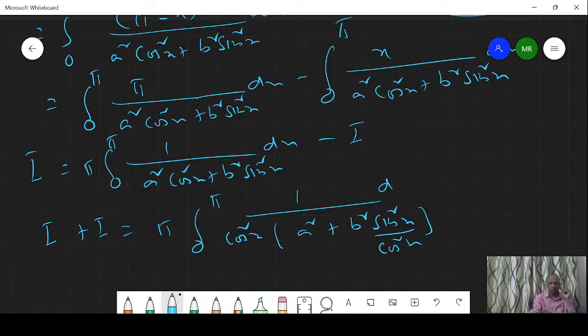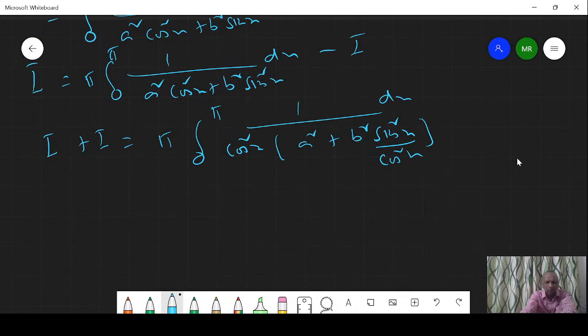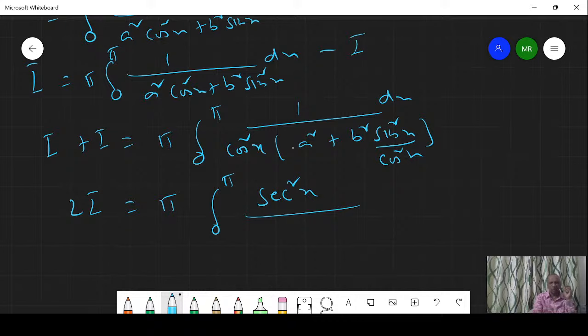When I have taken common, this will become 2I equals pi into integral 0 to pi of secant square x by a square plus b square tan square x dx, because cos square x was taken common.